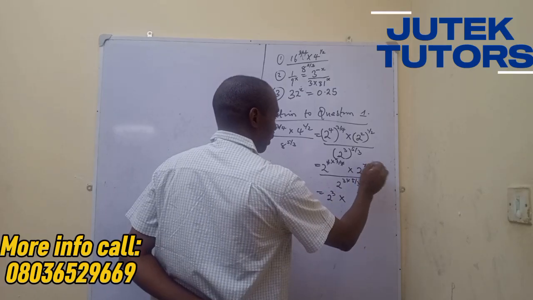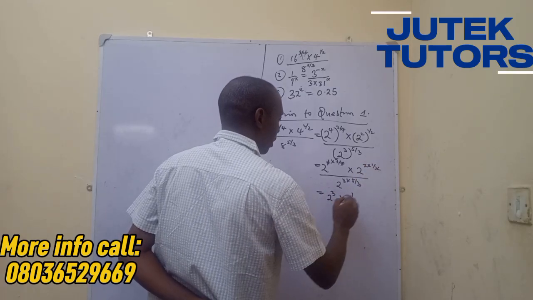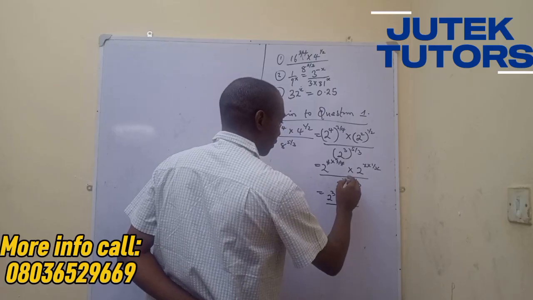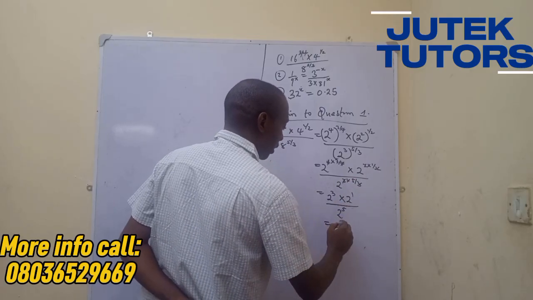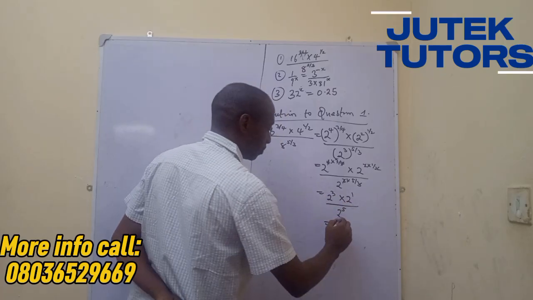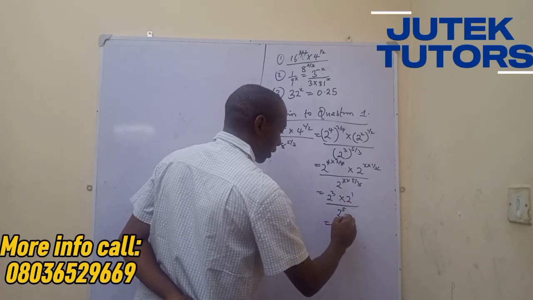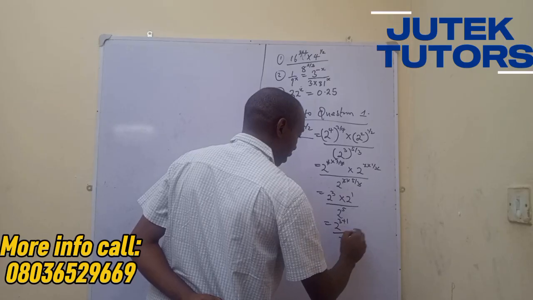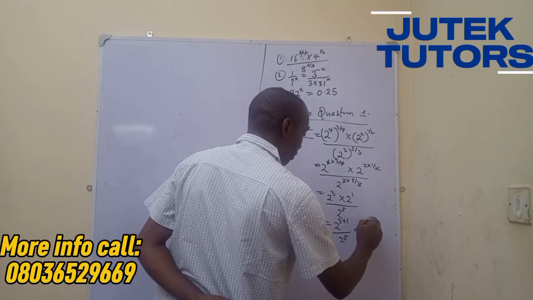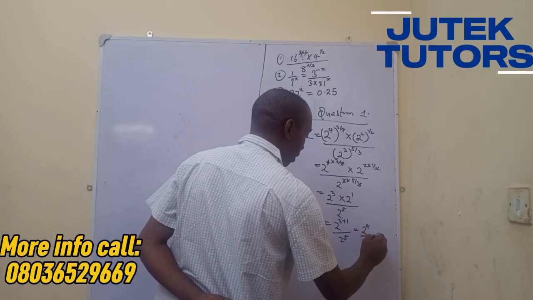This 2 will cancel this 2, so we have 2 raised to power 1. And this 3 will cancel this 3, so we have 2 raised to power 5. Finally, taking a common base, we have 2 raised to power 3 plus 1, over 2 raised to power 5. So it becomes 2 raised to power 4 over 2 raised to power 5.